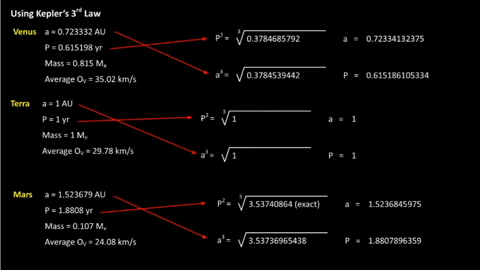All right? That goes back to what I just showed you before I started talking about Kepler's third law here. So what the red arrows do, we'll just use Venus here because I'm going to go deeper into Venus. As you can see, the one red arrow goes from a equals 0.723332 astronomical units. All right, you take that, you square that, that's equal to 0.37845394442.